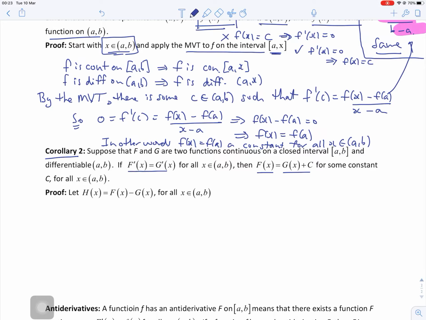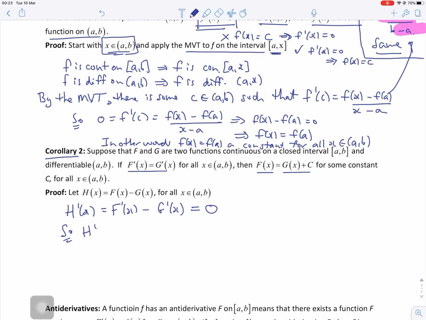In order to prove that, we'll just set up a function h of x equal to f of x minus g of x, and look at the derivative h prime. Well, h prime would be f prime of x minus g prime of x, since h is defined to be f minus g. Now, since f prime is equal to g prime, this is equal to 0.